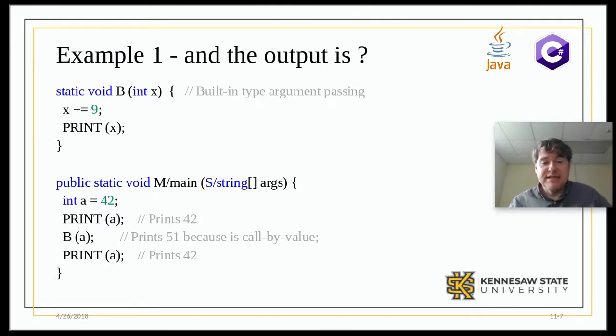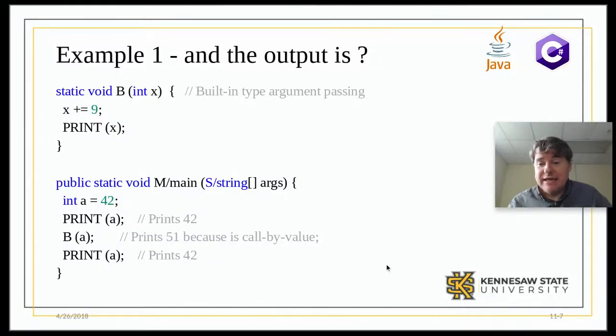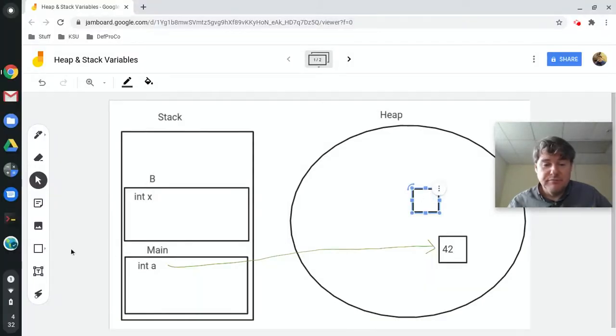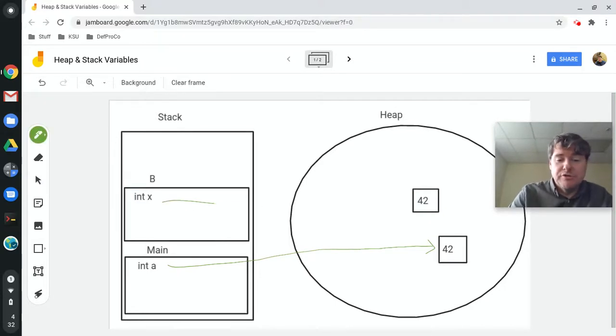So what happens in this circumstance is at the time that B is created, x is given a new blob of memory, and the value that was in A is copied into it because we passed by value. X is a happy little pointer over to this blob.